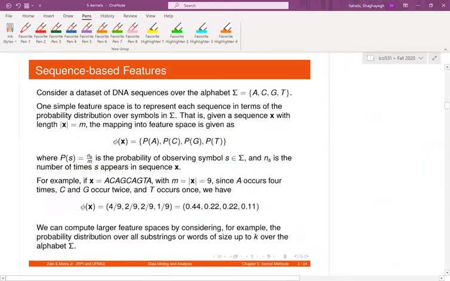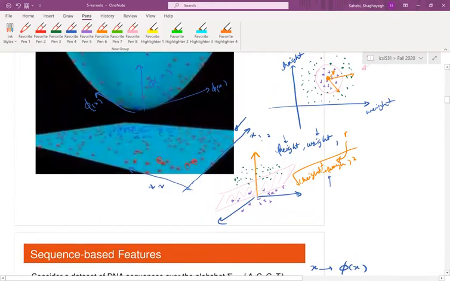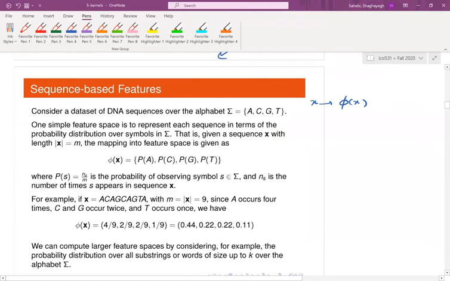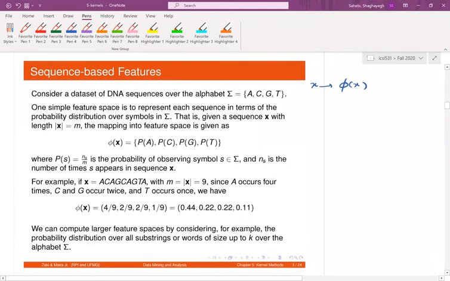Another example is sequence-based features. So this x to phi of x is not necessarily a nonlinear relationship like the one that we had. Any kind of representation from the input space to the feature space can be considered as phi of x.